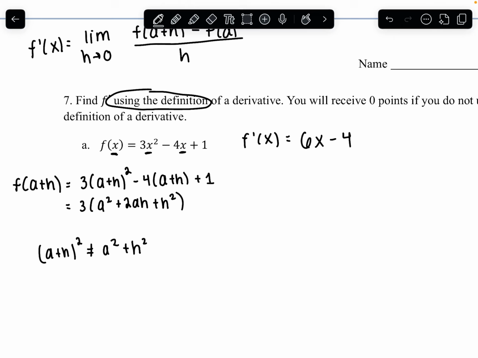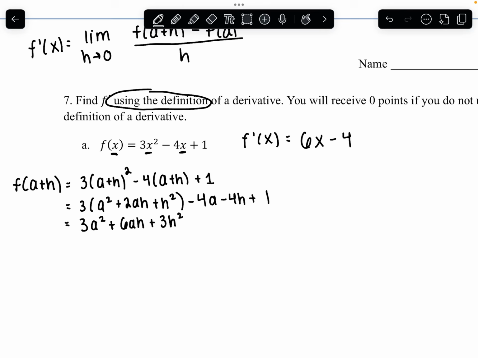These two are not equal, so don't write this. Okay, write what I wrote. Okay, minus 4a minus 4h plus 1. And then we might as well multiply this 3 into everything here. Make sure the 3 sees everybody, not just the first term.